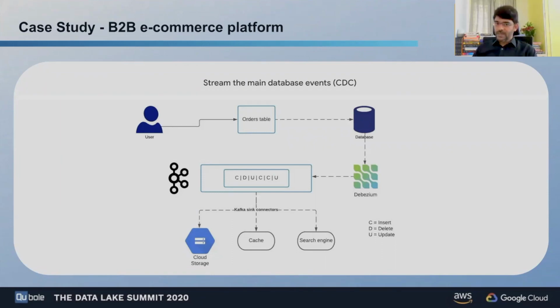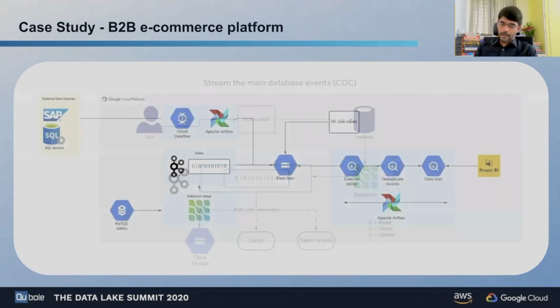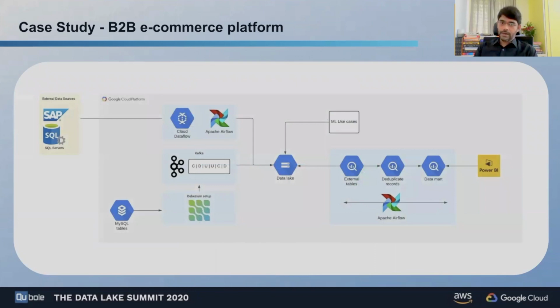So basically we subscribe to the production databases, production servers, and then record and stream all the changes that happen in terms of creating, inserting, deleting and updating records, etc. So all of this data goes to cloud storage. Again, kind of the data lake, right?